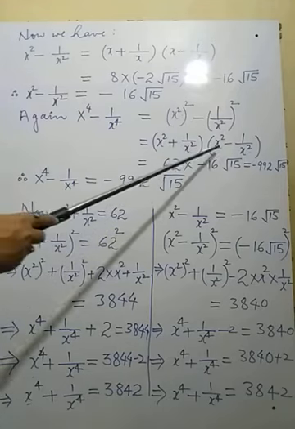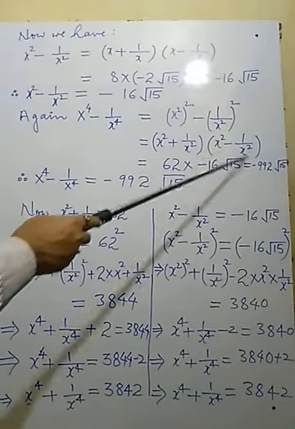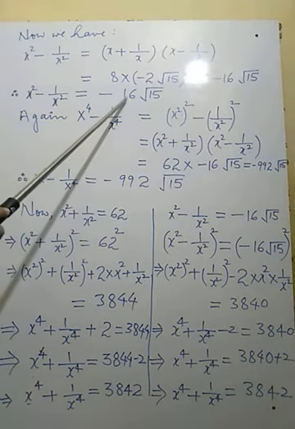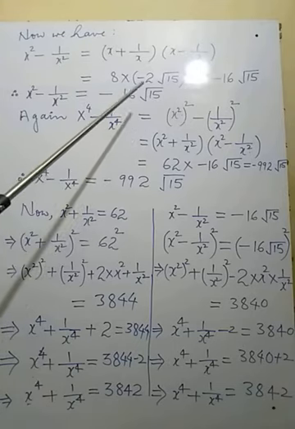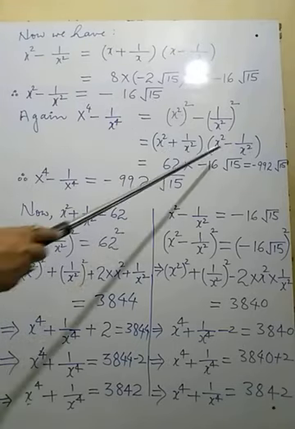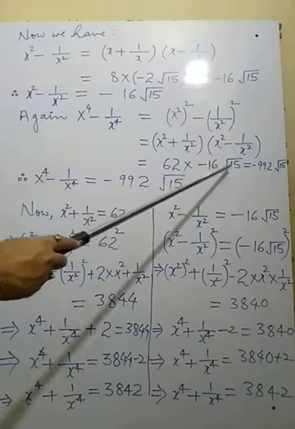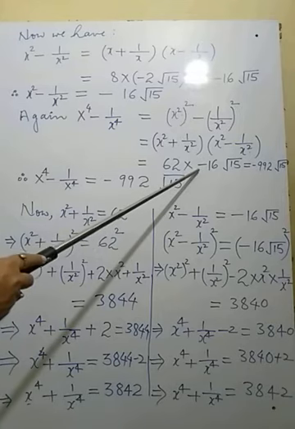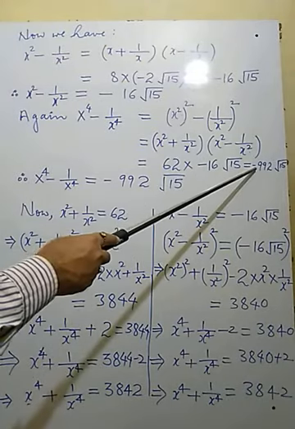Similarly, we have to keep the value of x square minus 1 upon x square, which is calculated here. It is minus 16 root 15. In this way, the value of this one is 62 and the value of this one is minus 16 root 15. Now positive into negative is again multiplied, the result will come minus.